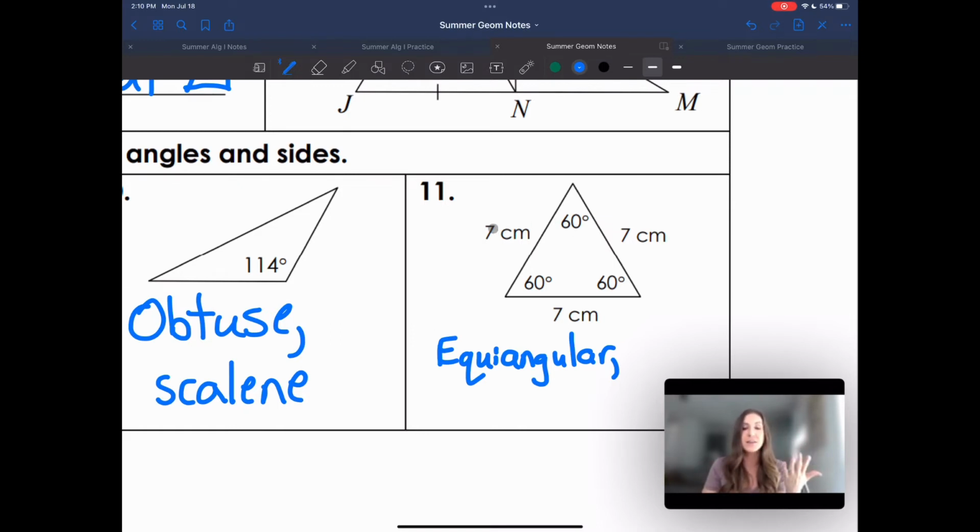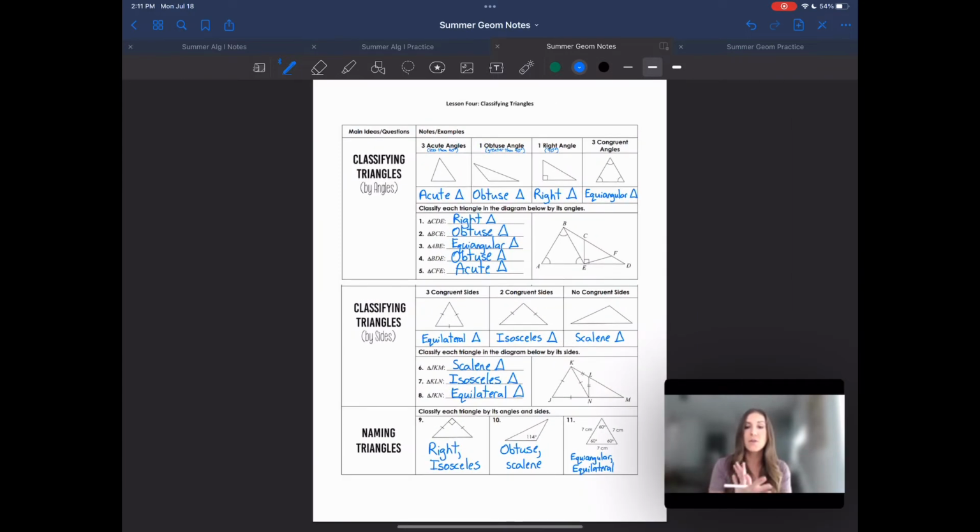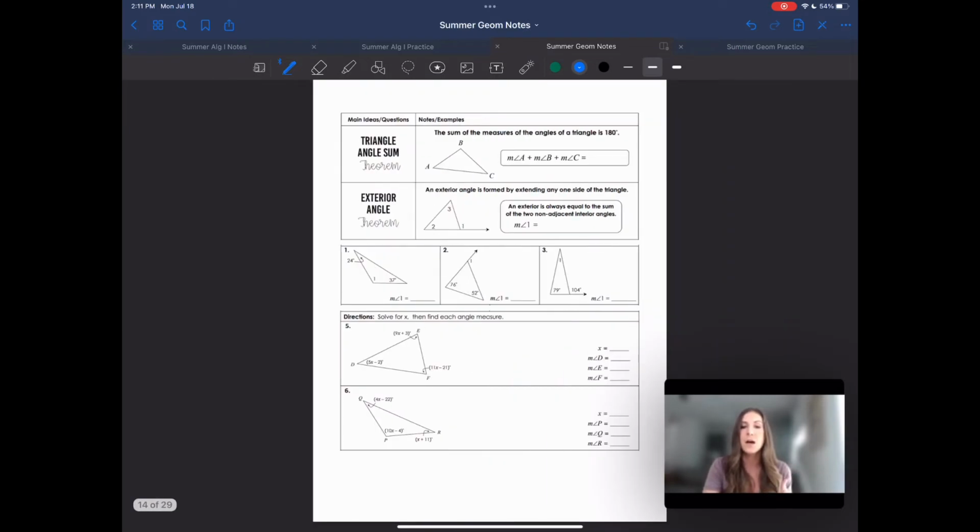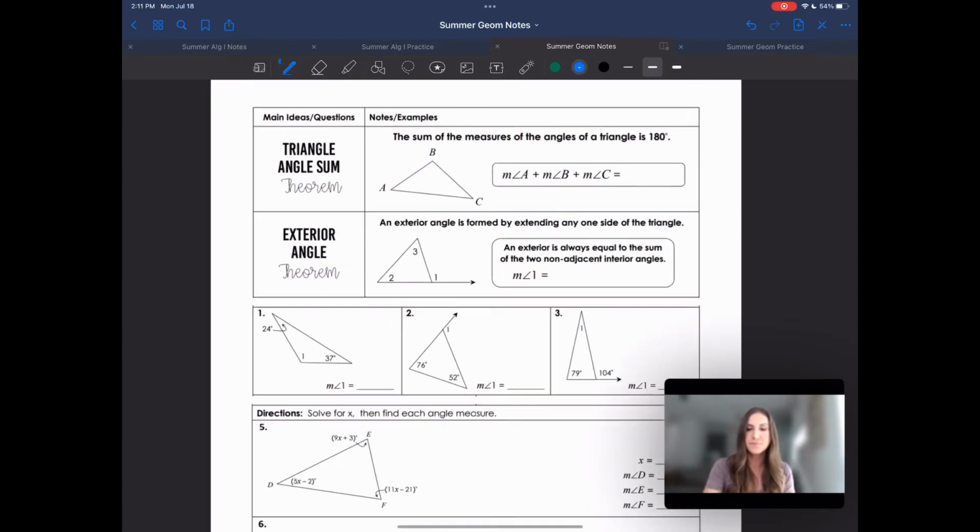And they do tell you 7, 7, and 7, they're all the same. So it's also equilateral. Okay, great. That takes care of all of the classifying if you want to go to the practice sheet and just try that part. But we're going to go ahead and move on to the actual solving portion of today.